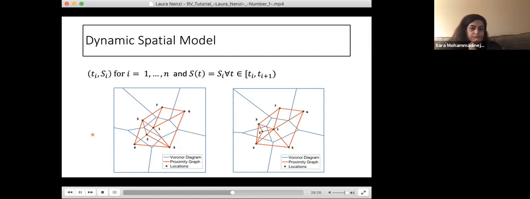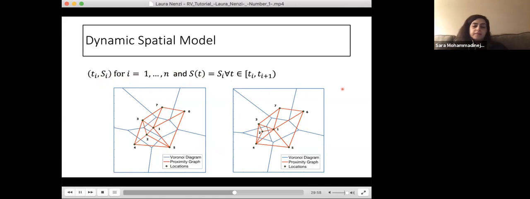We will denote the dynamic spatial model by considering S as a function that will give at each time step t a specific spatial model Si.